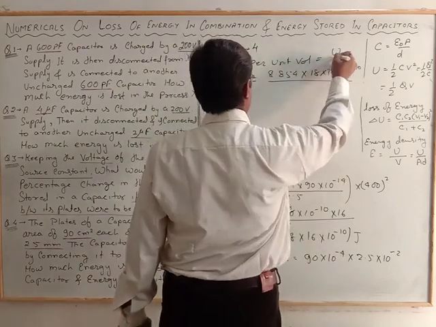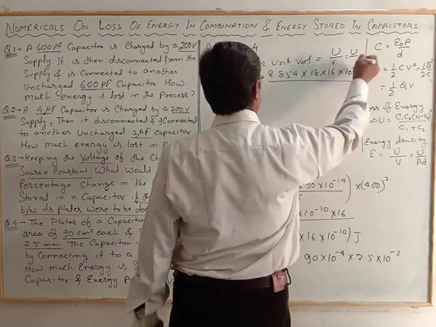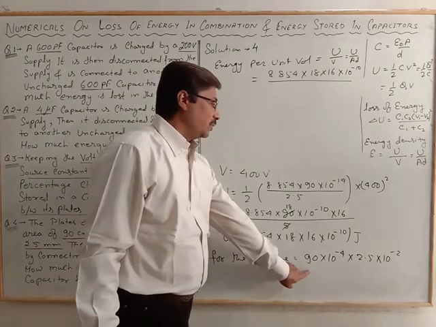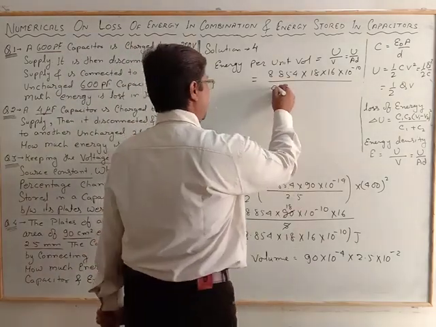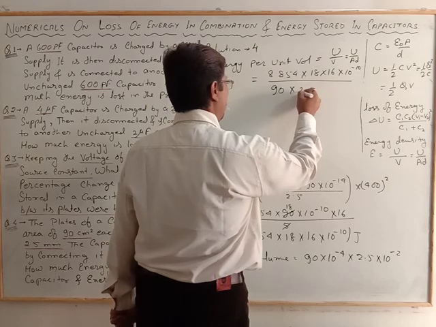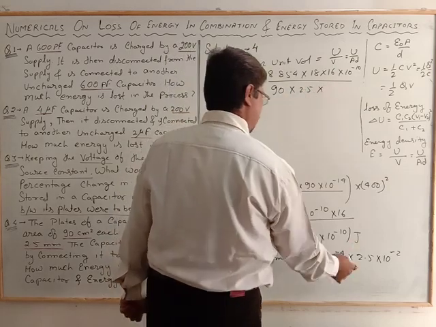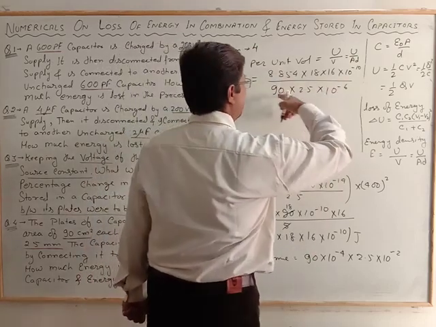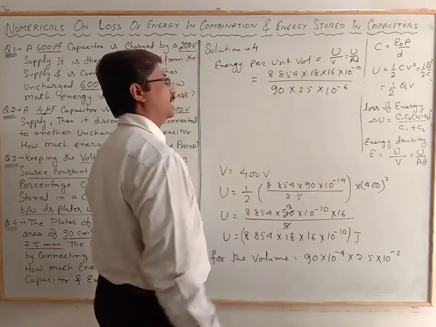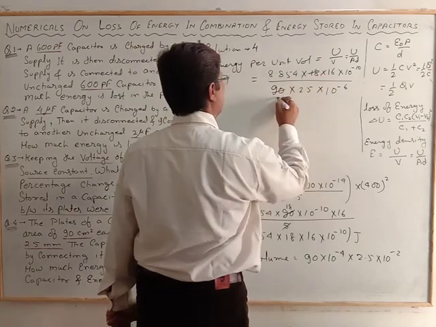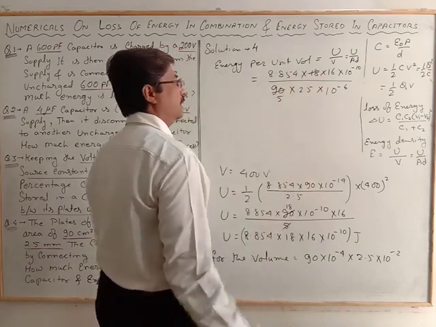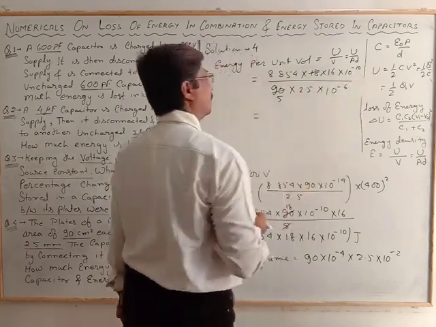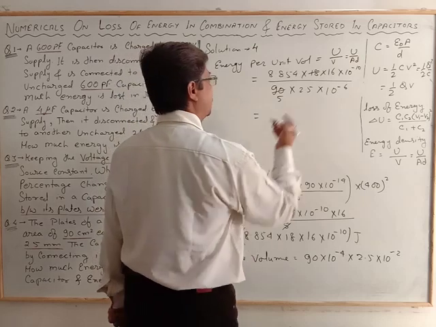Energy per unit volume is the energy divided by the volume, that is area into distance between the two plates. The volume is equal to 90 into 2.5 into 10 to the power minus 6. So in our calculation, 18 times 5 becomes 90, and also 10 to the power minus 6, so above it is 10 to the power minus 10.